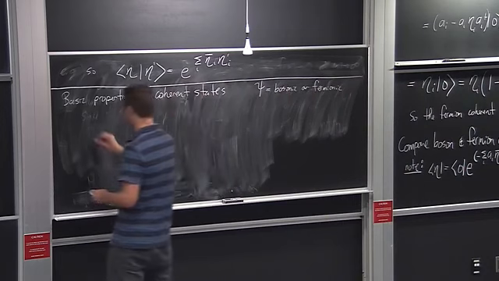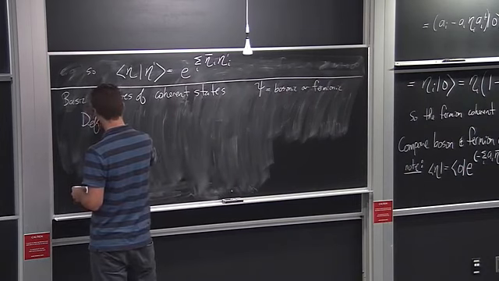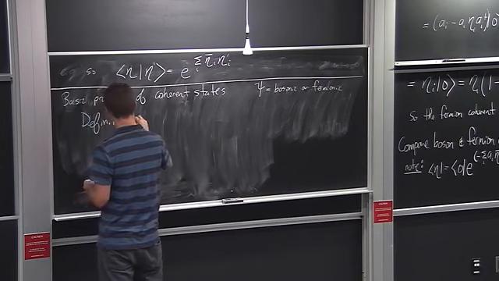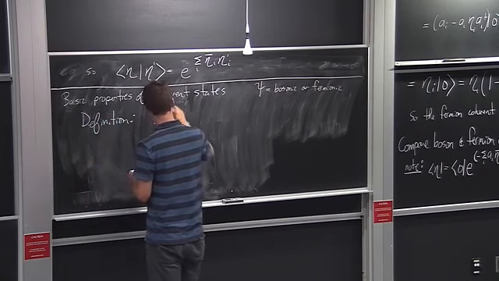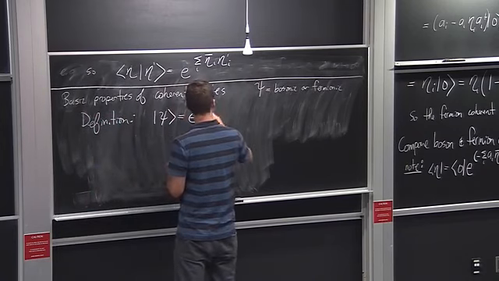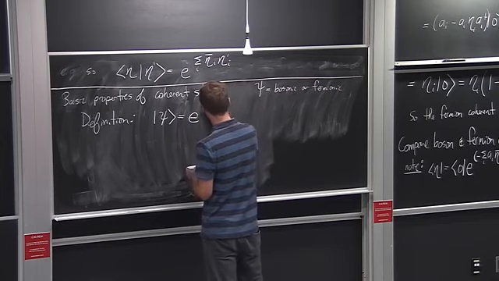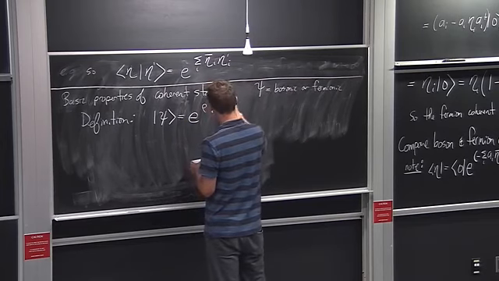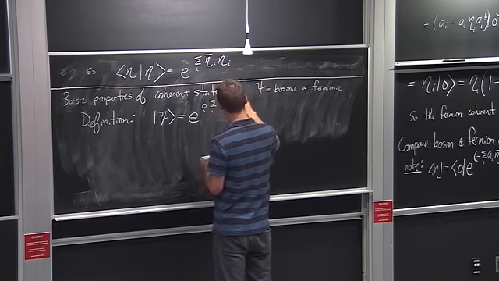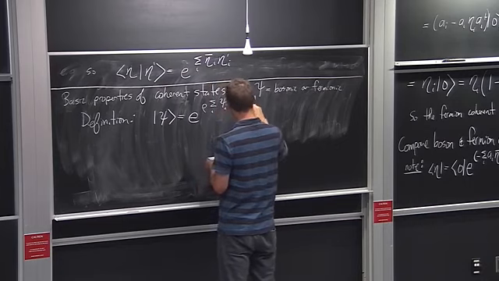So the definition of a coherent state, which we've shown for both. Right, so it's minus here. So it's e to the rho field and a dagger.